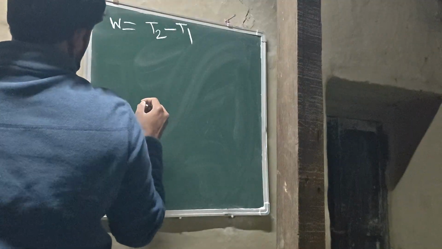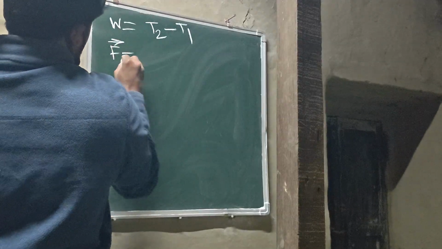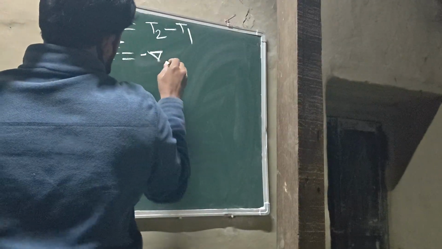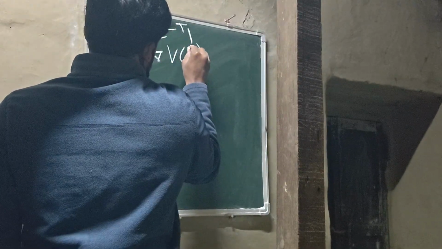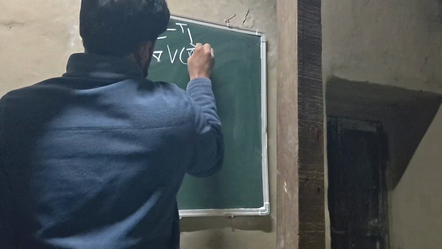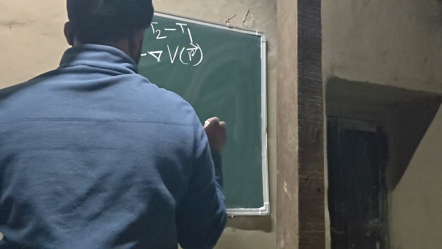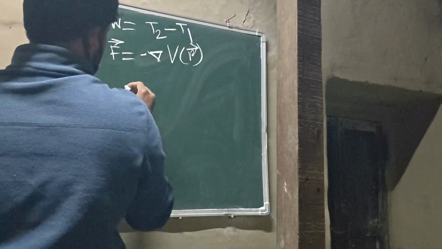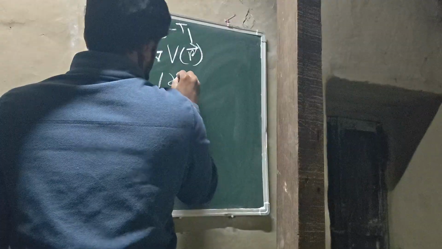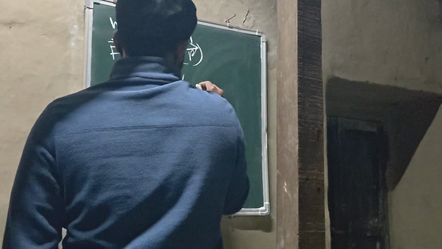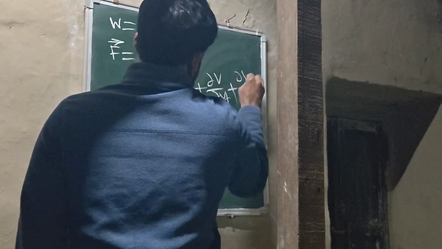Now also the force on the particle, F vector equals minus grad of some scalar function V that depends on r. This grad V equals mathematically del V del x plus del V del y plus del V del z.